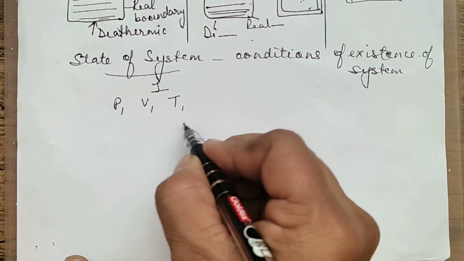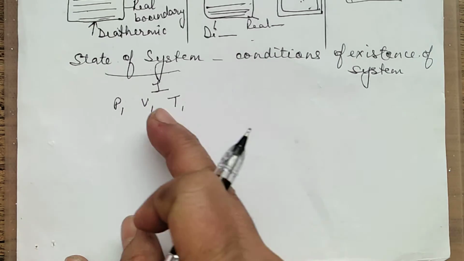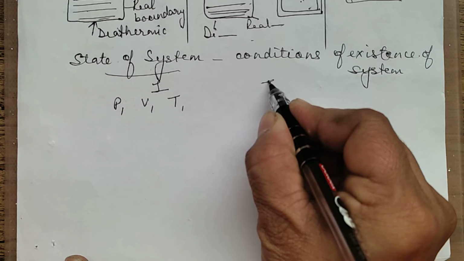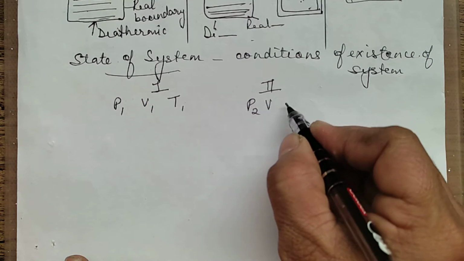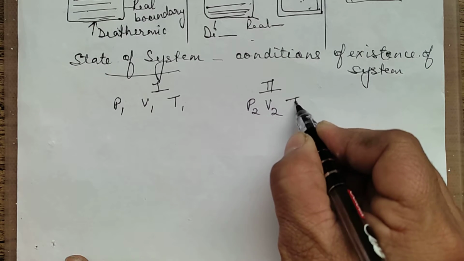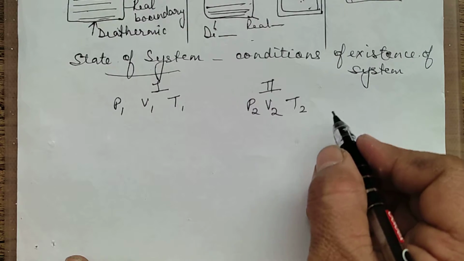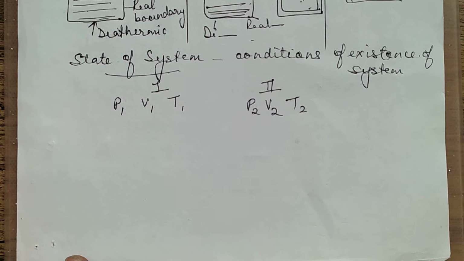So these are the conditions of existence of this particular gas. Suppose you change the temperature, change the volume, and now the pressure is something different. So now the conditions of existence of that system are P2, V2 and T2. So these are the conditions of existence of the second state. What are the conditions of existence of a particular system? That is said to be the state of a system. This is the initial state, this is the final state.